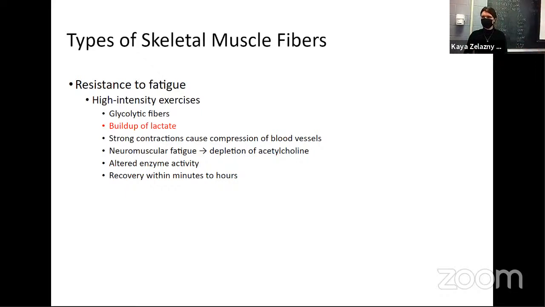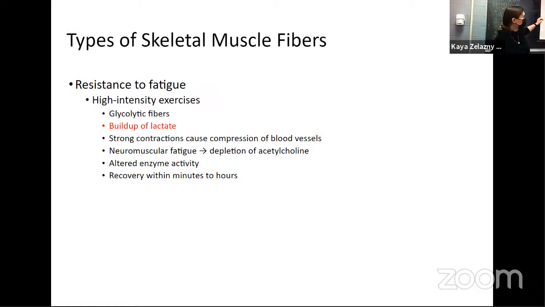Say you are sprinting real fast, or maybe doing squats, something high energy intensity that takes a lot out of you. We're doing glycolysis, so we have those fast glycolytic fibers. They're building up lactate, which means they're going to be relatively quick to fatigue. But because glycolytic fibers are physically big, they have strong contractions.